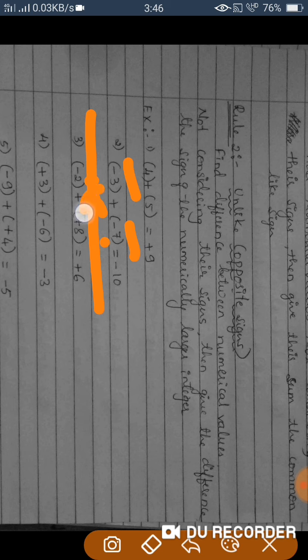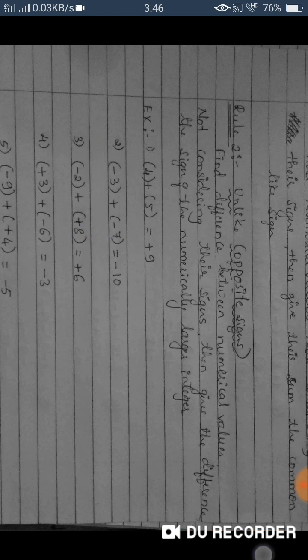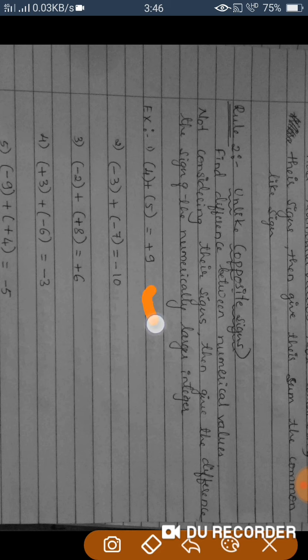Add the numerals first. Our rule says that we only add the numerals and keep the common sign here, isn't it? So this is all about the addition of integers which are both positive or both negative.